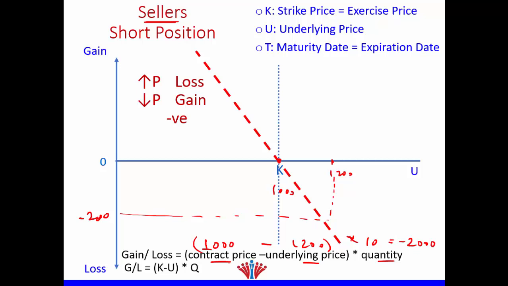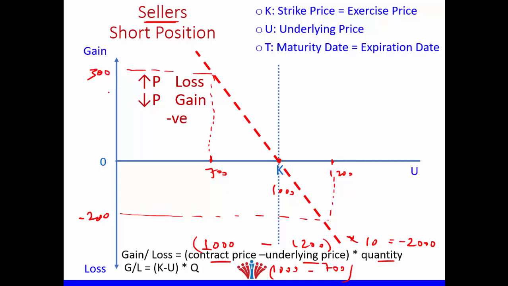But what if I told you that the contract price is $1,000, but the future price decreased to 700? So what will be your gain or loss per unit? 1,000 minus 700, it will be 300. So this means that if the price decreases here, we will go up till we intersect with our curve, and this will give us here 300.